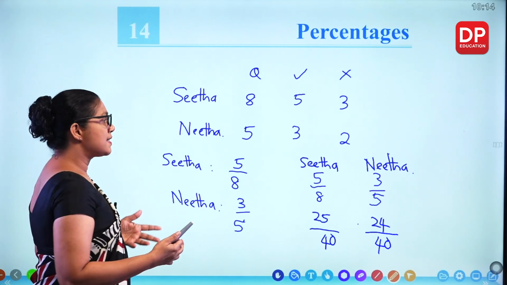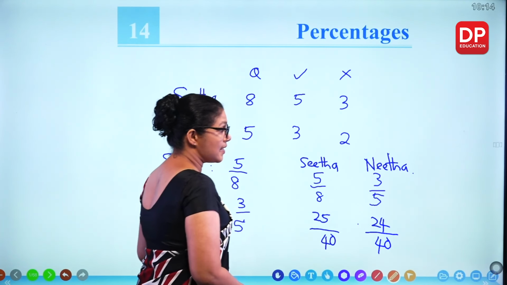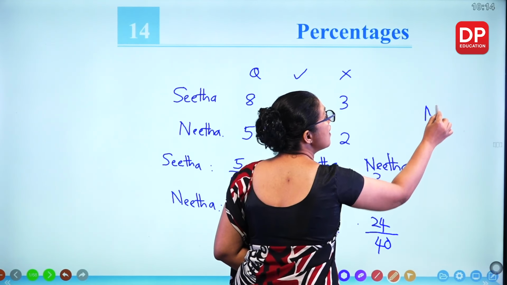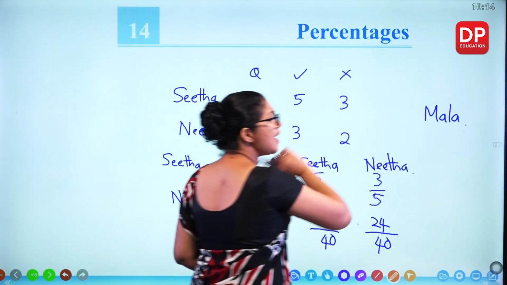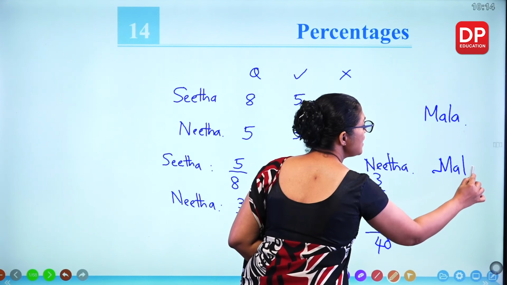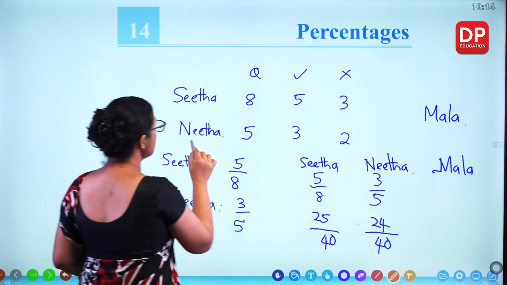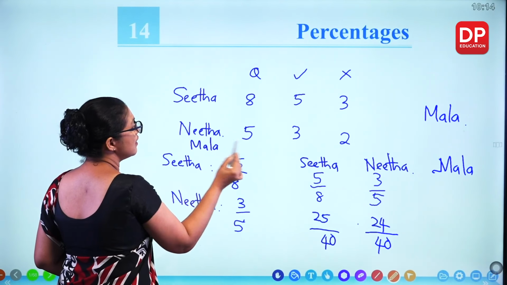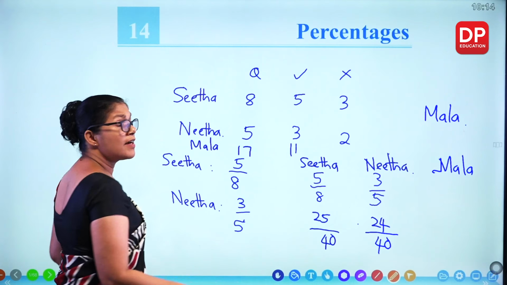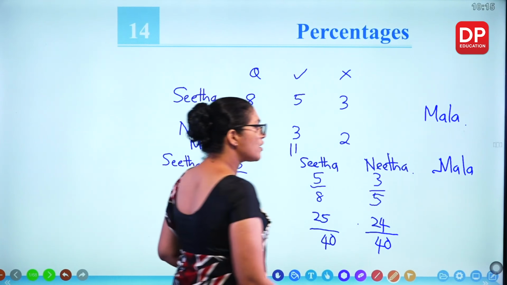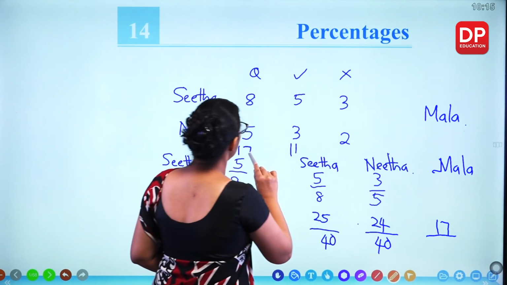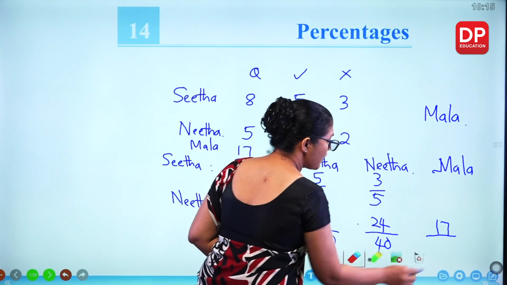Now, we'll take another person, Mala. Mala also did the same test, but she did 17 questions, and out of 17 questions, she got 11 correct answers. Now, 11 out of 17 are correct.